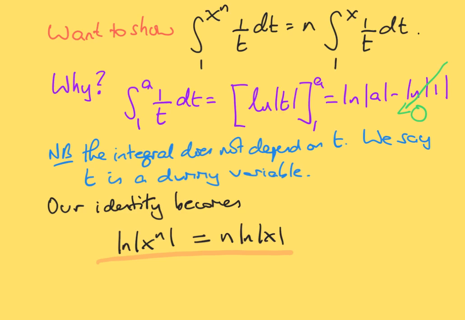And if this is true, which it is, it must be the case that all the rules for logarithms follow from the rules of integration. So this identity that we're going to show on the next slide corresponds to this rule for logarithms. So let's have a look at that on the next slide.